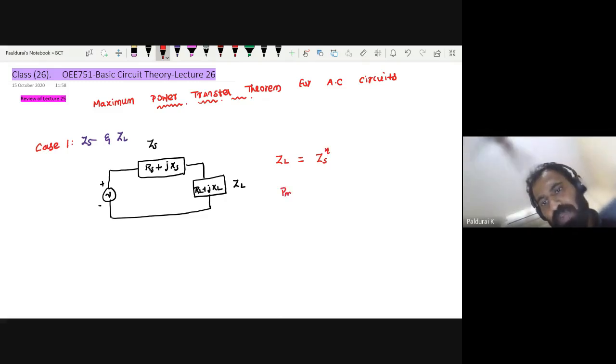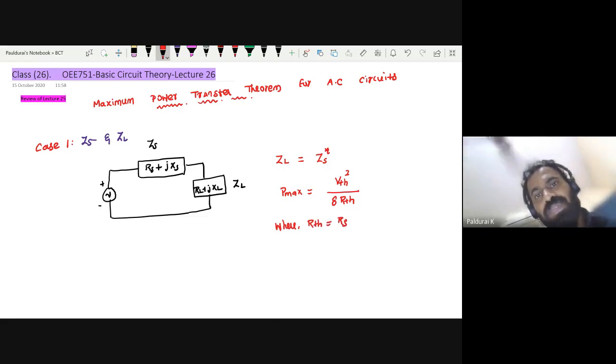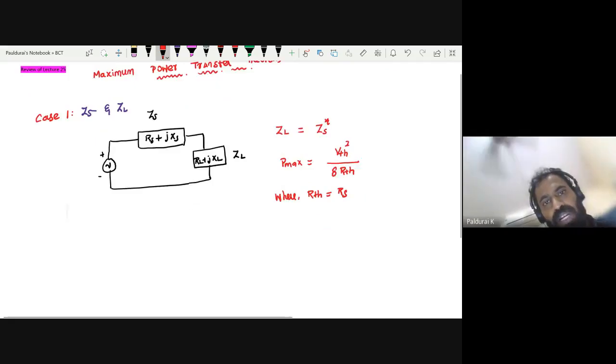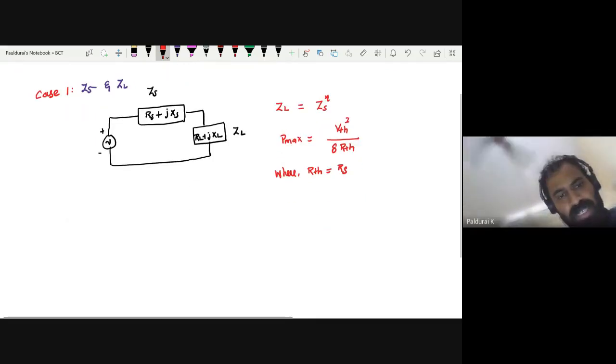This time the power is given by VTH squared divided by 8 times RTH, where RTH equals RS, the real part of the source impedance. This is my case 1 according to unit 3.